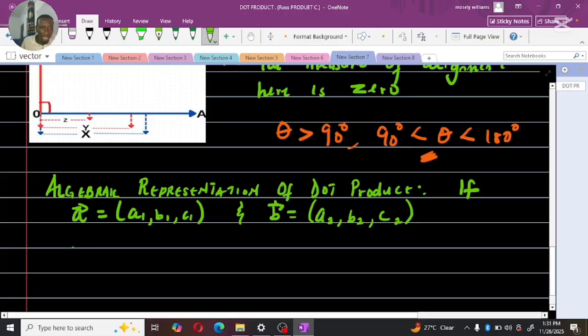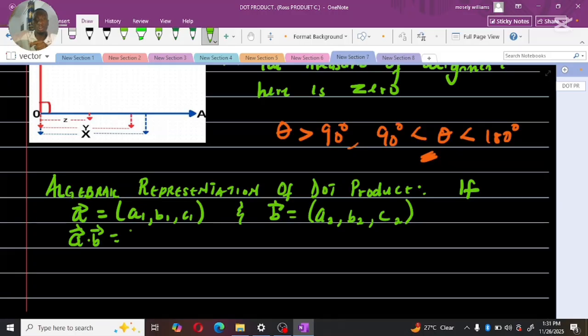So it implies that A dot B will be equal to the sum of the product of each component. It's as simple as that. Let me put it down and you will see.